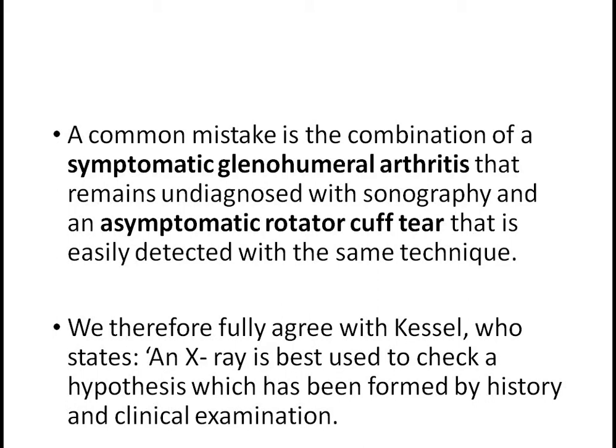On the other hand, the rotator cuff tear, which is normally asymptomatic, and most people have some partial thickness rotator cuff tear without any symptoms, will be easily detected with the sonography. But the other condition, the glenohumeral arthritis, which is causing the complaint, the pain and other symptoms of the patient, will remain undiagnosed with the sonography.